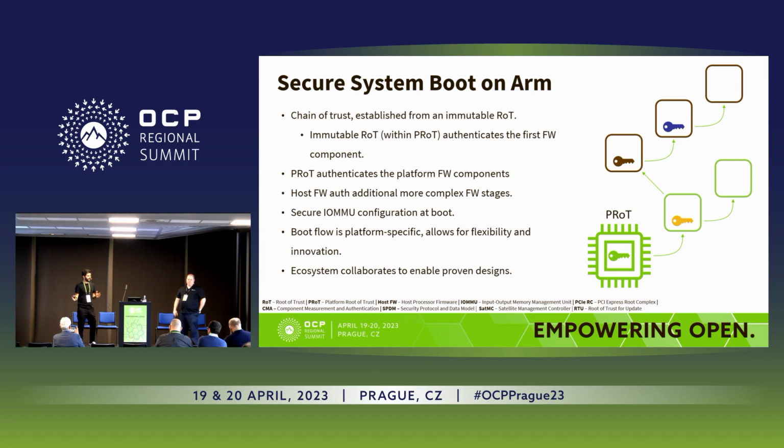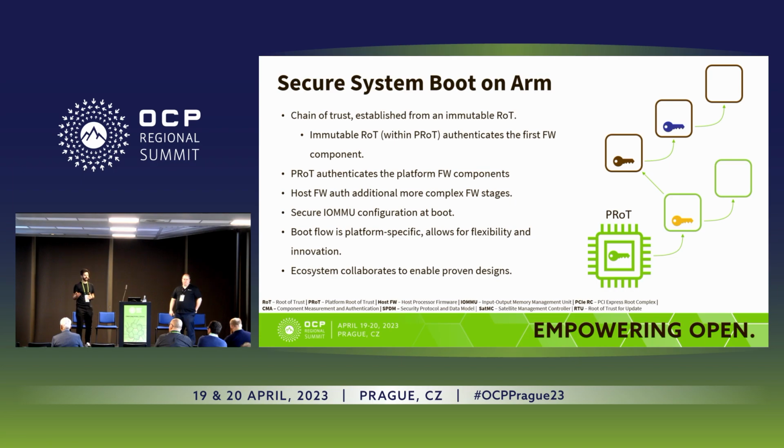So for a secure system, you first need to start with secure boot. And secure boot really starts the platform root of trust, where an immutable piece of firmware is going to load and authenticate the next mutable piece of firmware, which can potentially run on the PRoT. And then this mutable piece of firmware is going to load and authenticate the next firmware that may execute on a system control processor, such as the SCP, which is quite common on ARM platforms.